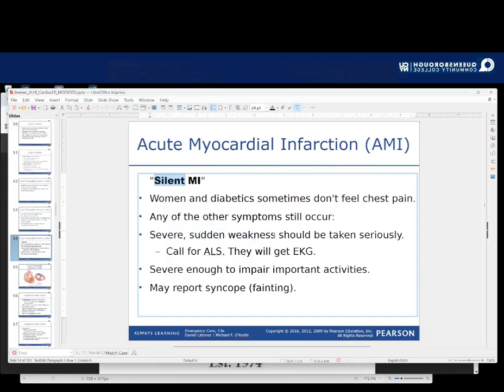Then what the EMT should do is say, this is possibly a silent MI, and they should call for paramedics. A paramedic is not a bad idea for anybody with sudden weakness.